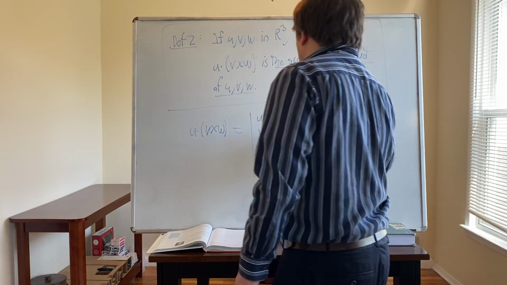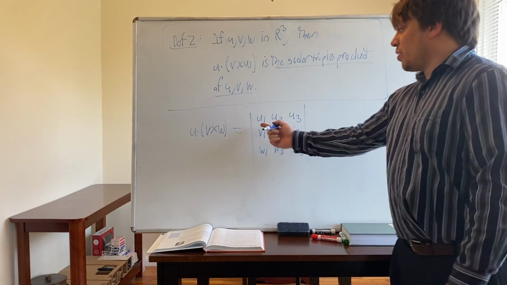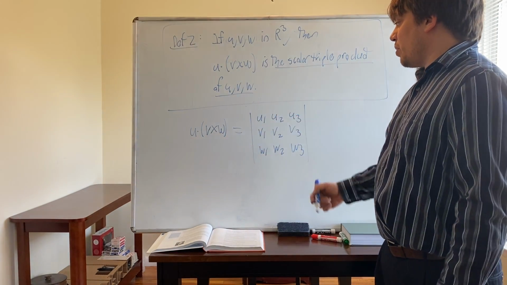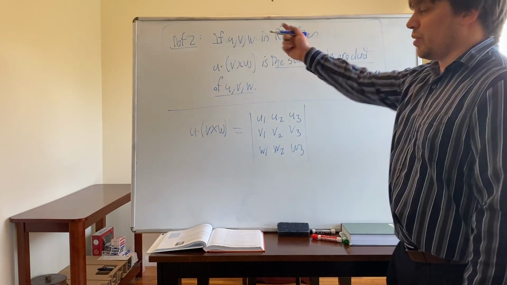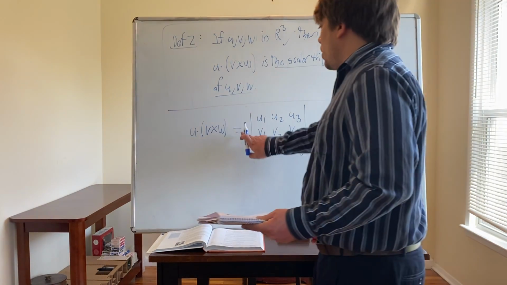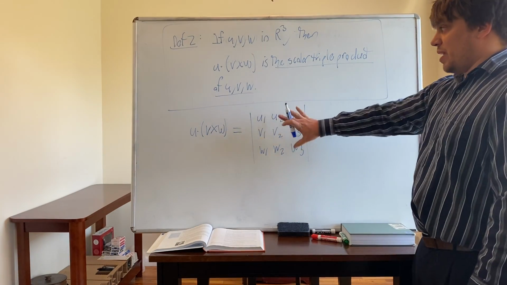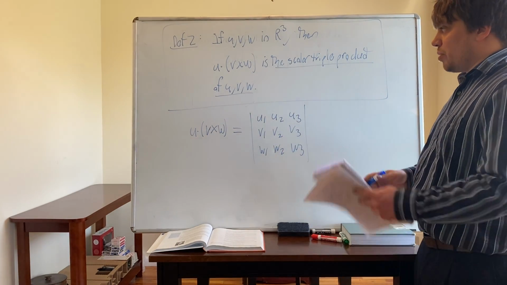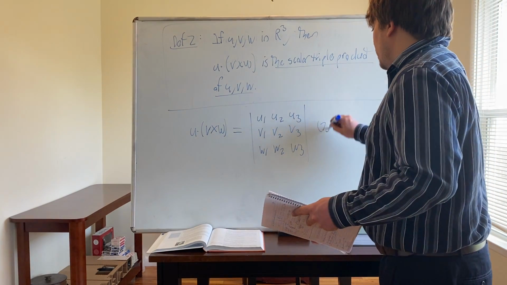These are the first, second, third components of u, of v, and of w in R3. So this u dot v cross w, which is that determinant, is called the scalar triple product of vectors u, v, and w. This is equation 7 in this section.